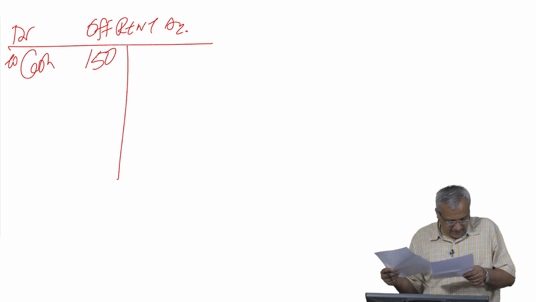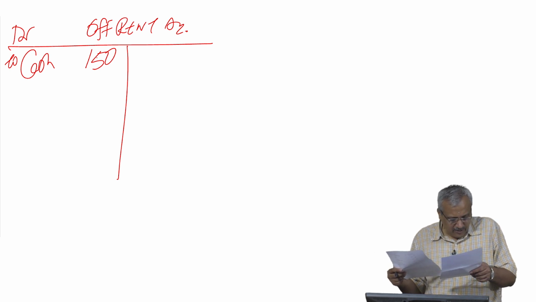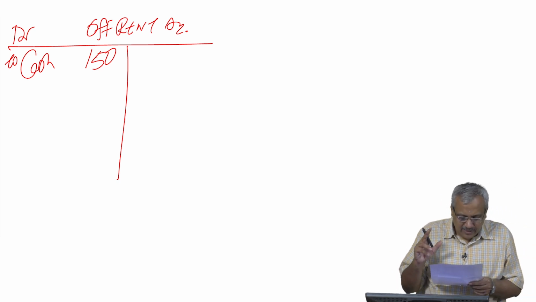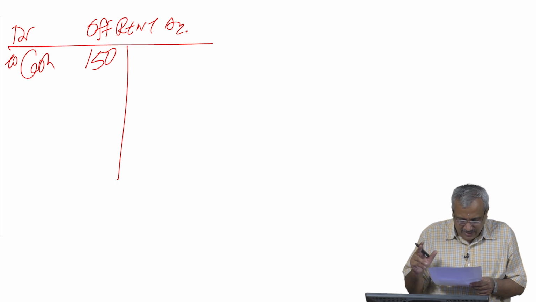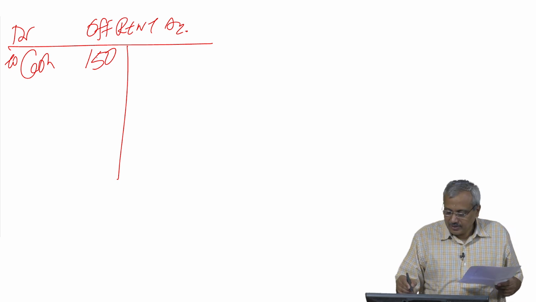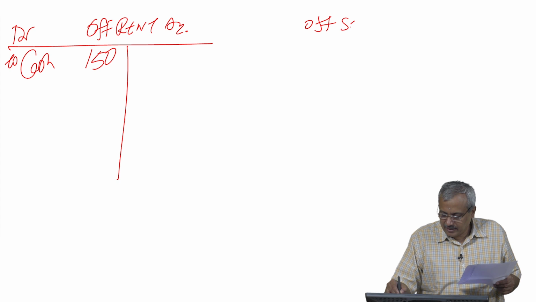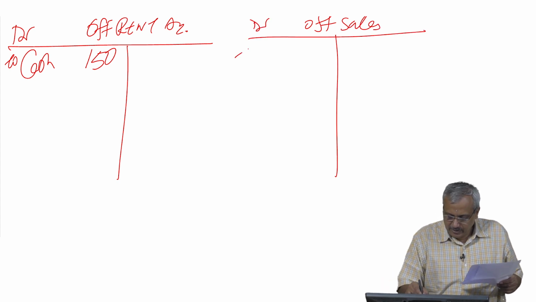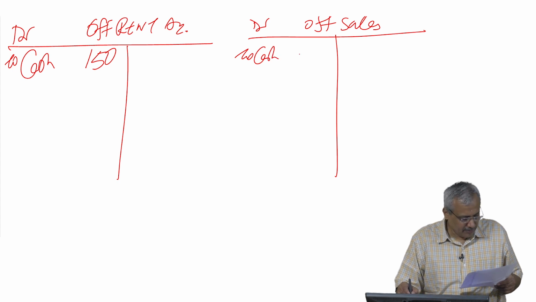The next, 24th transaction, says paid for office salaries rupees 250. What is the journal entry we said? Office salaries account debited to cash account. Now I open another account, office salaries account, debited to cash. How much is it?